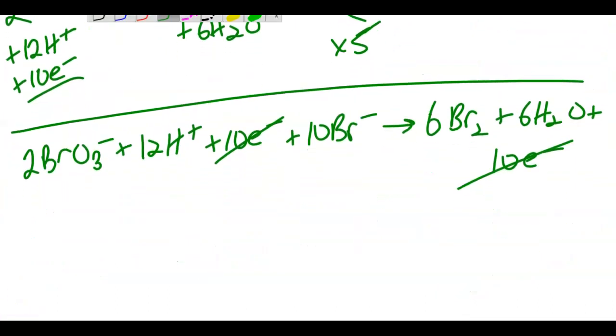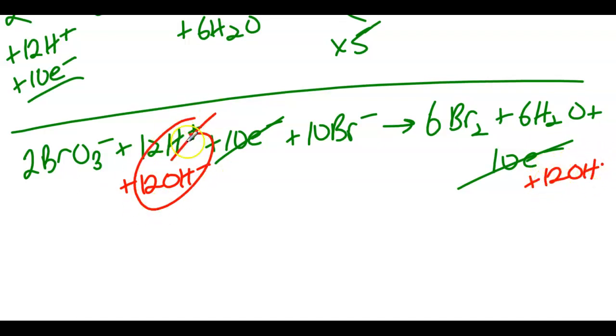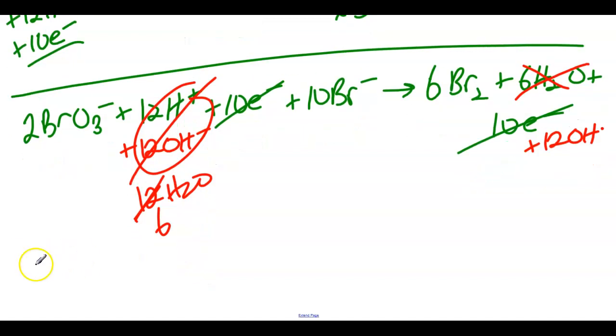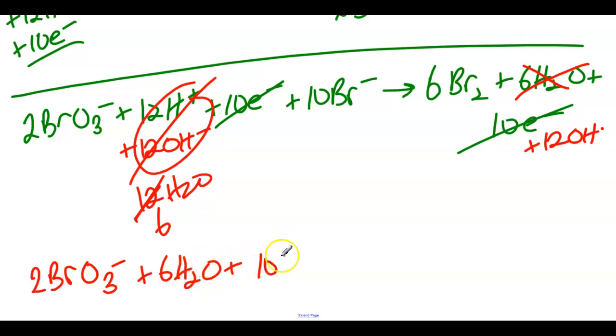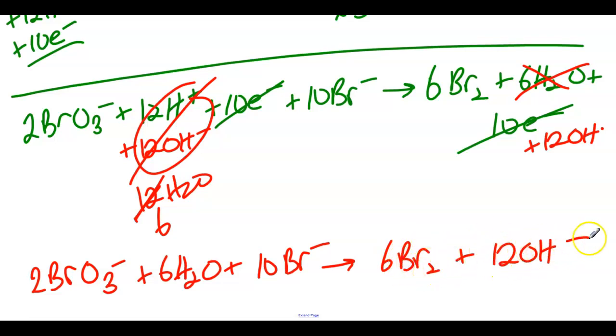So at this point, we're going to add our hydroxides, I should say. So we have 12OH plus 12OH. This will make 12 waters, which will cancel 6 of those other waters on that side. So we would have 2BrO3 plus 6 water plus 10 Br, making 6Br2 plus 12 hydroxides.